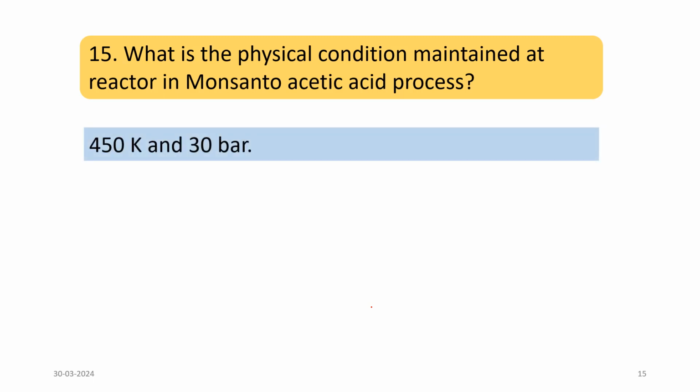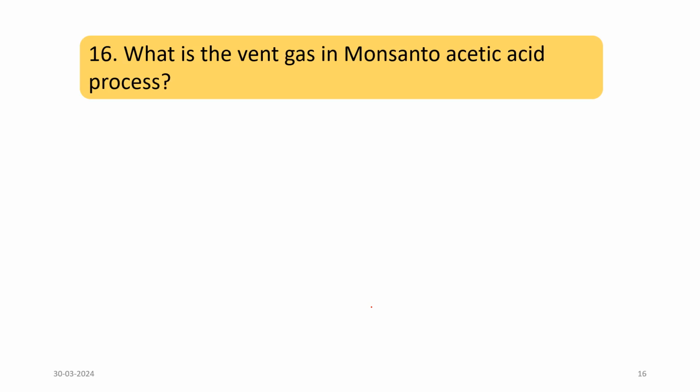The answer is 450 Kelvin and 30 bar. So this is the condition maintained in the reactor in the Monsanto acetic acid process. Next question. What is the vent gas in the Monsanto acetic acid process?